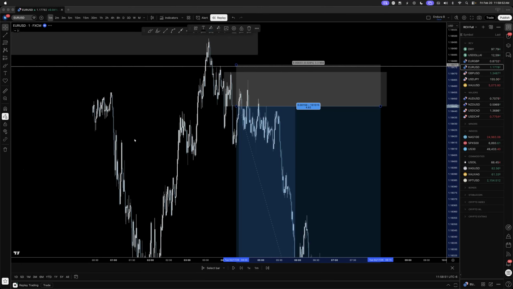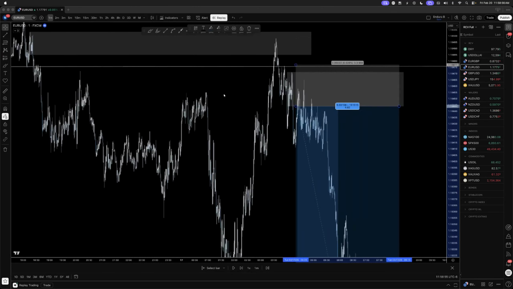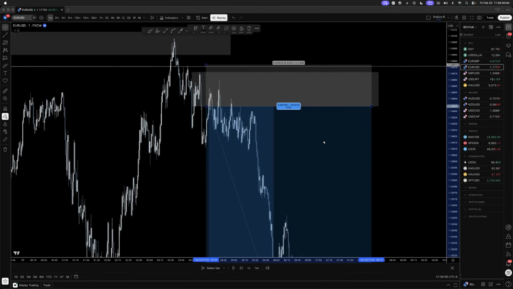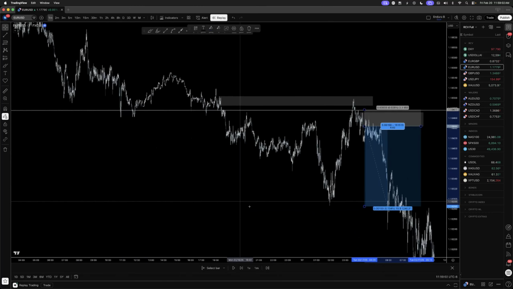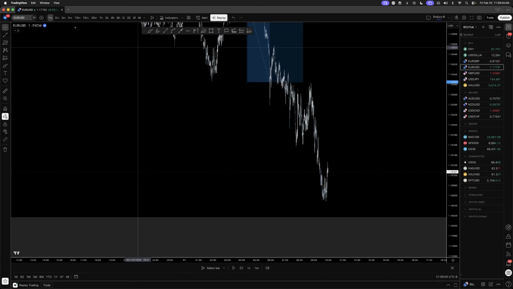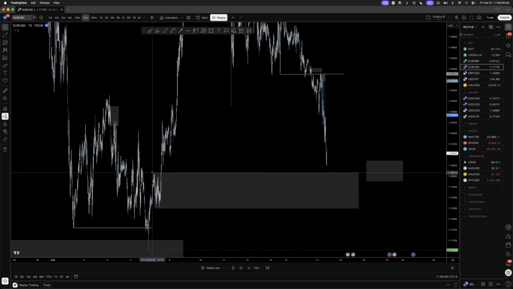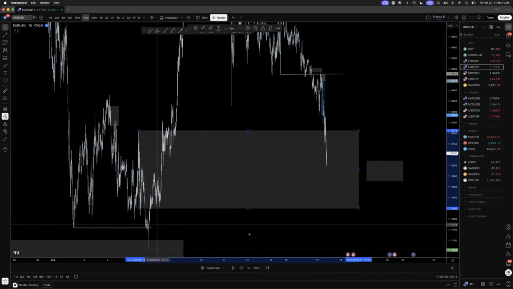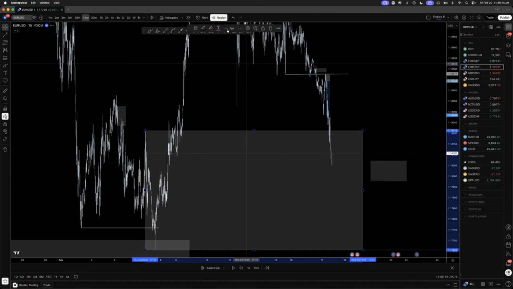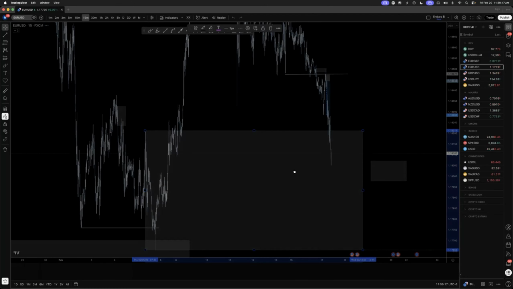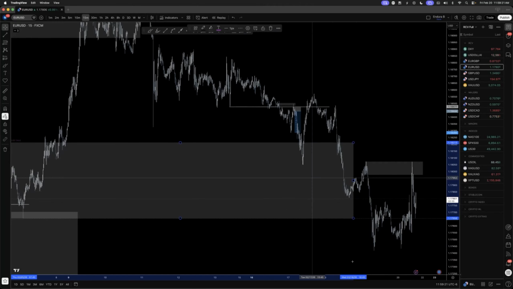So, CBOS, we tap previous structure, and then we had the internal OFD SD. From there, TP1 was hit, which was the low here. And I actually held this a bit longer. I was wanting to see how deep we could go, because if you guys watched my review, you know that this overall zone is what we were looking at, to see potentially any kind of reaction, and it ended up going further.